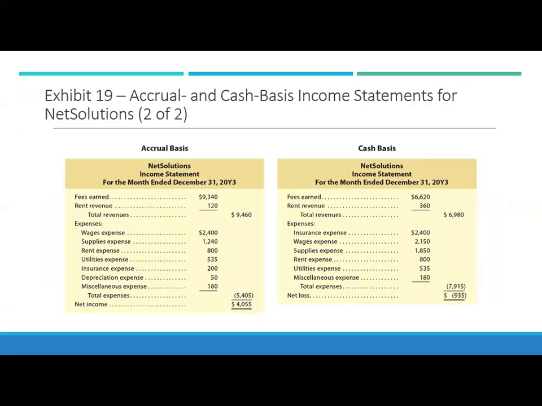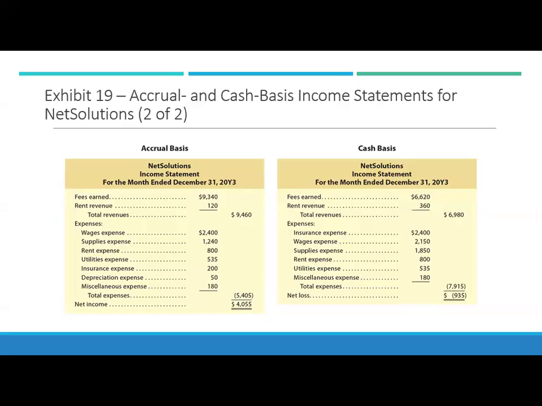So in December, this is our income statement. Under the accrual basis, we had income of 4,055, and under the cash basis, we had a net loss of $935. And the difference here is wages expense. Actually, no, wages expense is the same. No, no, insurance expense, wages expense is different.